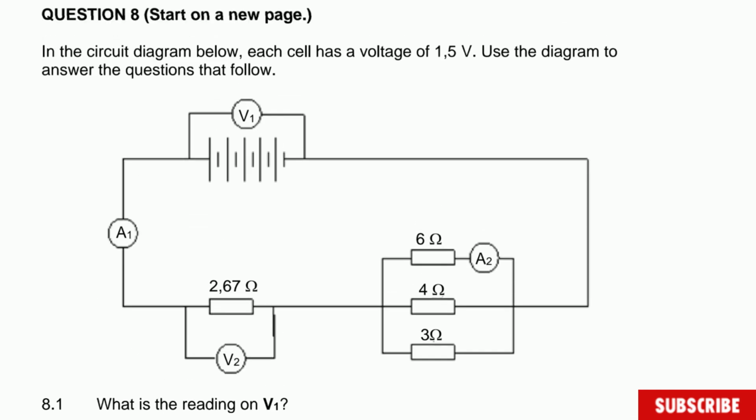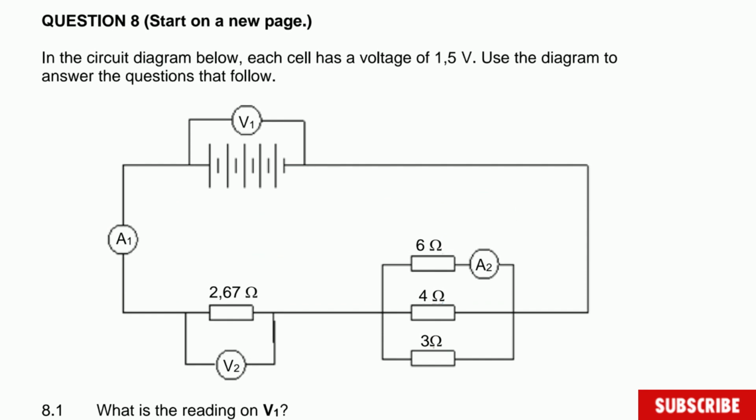What is the reading of V1? And V1 is reading the potential difference of the battery. Guys, the potential difference, let me use another color. This one is question 8.1. The potential difference of the battery in this case, V1, is equal to the addition of all of them.